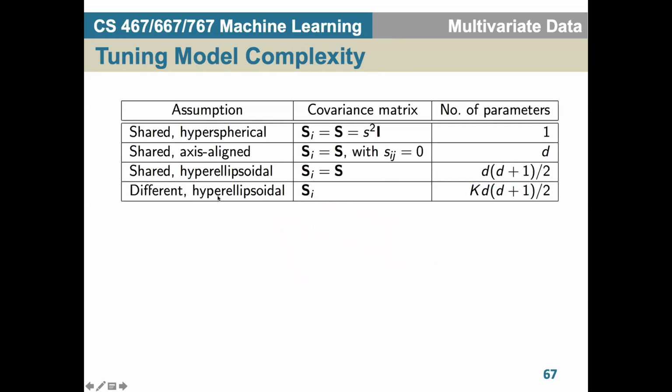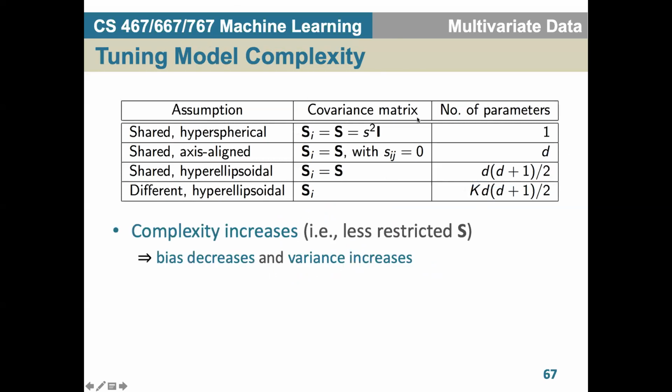And finally, if you assume everyone has their own covariance matrix, you have k classes, so then you have a factor of k here. So there are a lot of parameters here. Depending on how much data you have, if you have lots of data, of course, you can use the most complicated parameterization. If you only have 10, maybe the best way is the first.